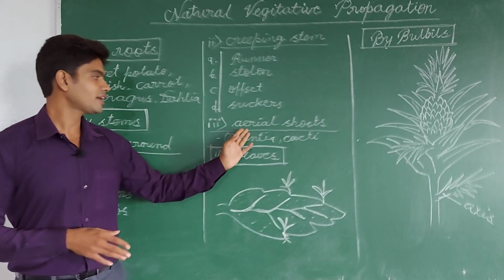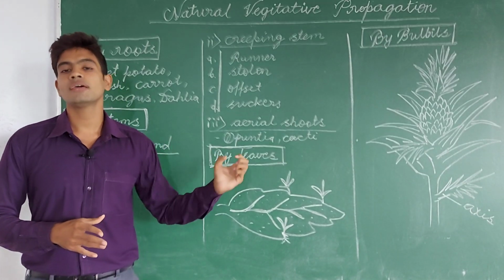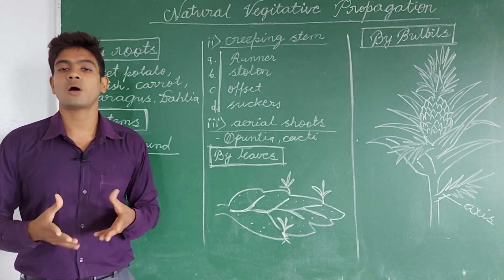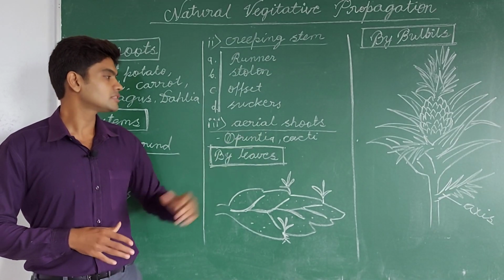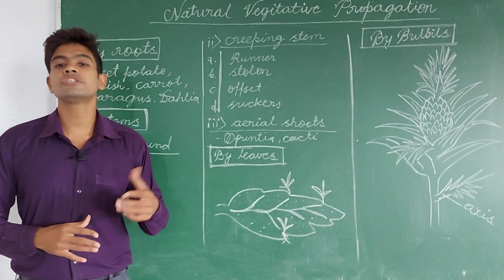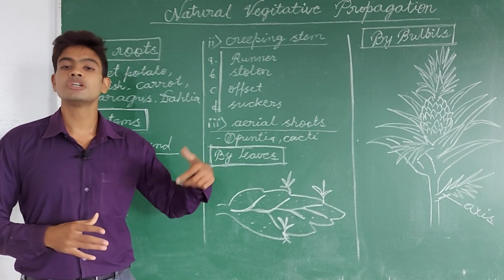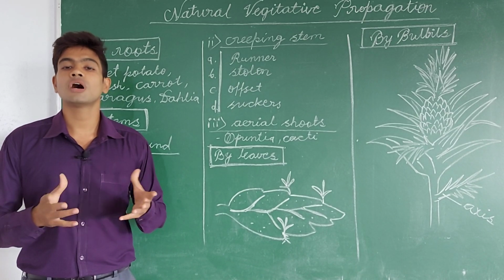Now, the next type of stem is the aerial shoots. When I say aerial shoots, I mean those stems which are above the ground surface. In this kind of stem, the stem itself develops into a new plant. That means a part of the stem, when thrown in moist soil, grows to form a new plant.